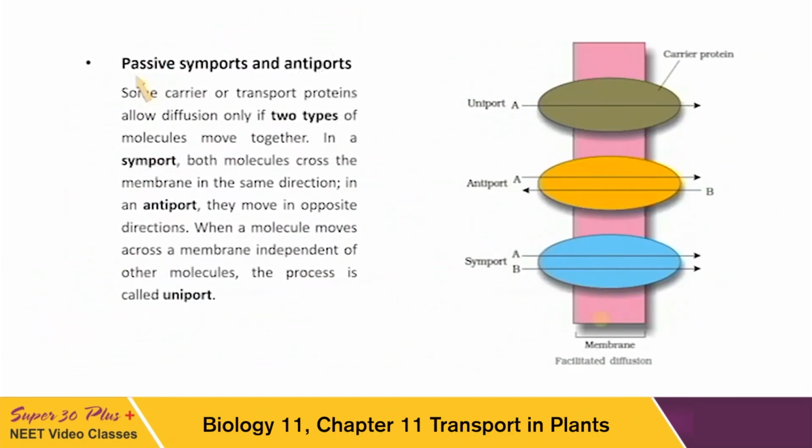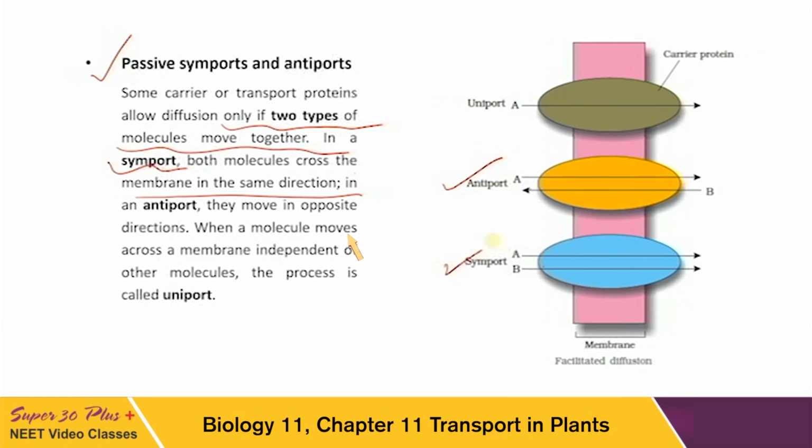Okay. Now in this we have to see facilitated diffusion, that is passive symport and antiport. Some carrier or transport proteins allow diffusion only if two types of molecules move together. This is symport. Both molecules cross the membrane in the same direction, which is called symport, and if they move in opposite directions, that is known as antiport.